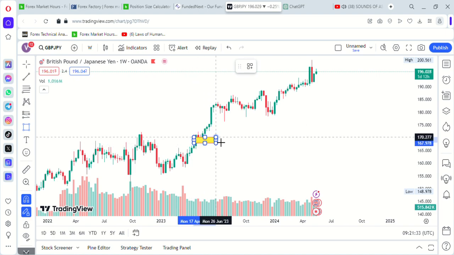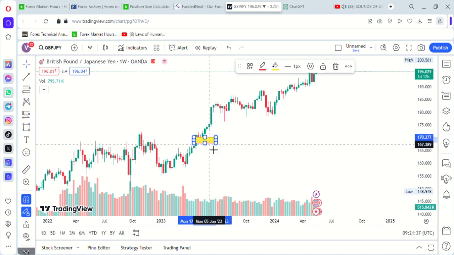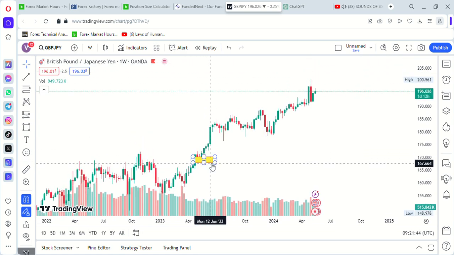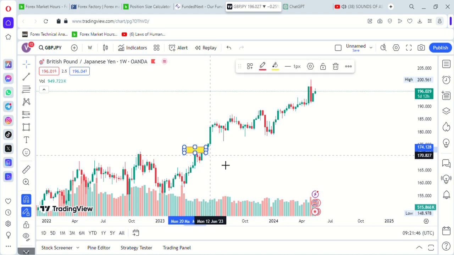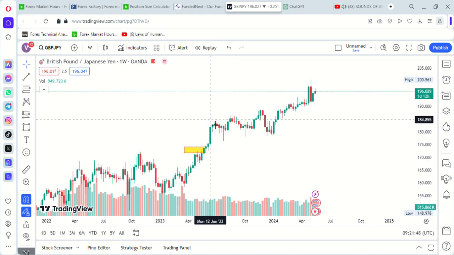You can see a high here. You see a high here, and another one here.